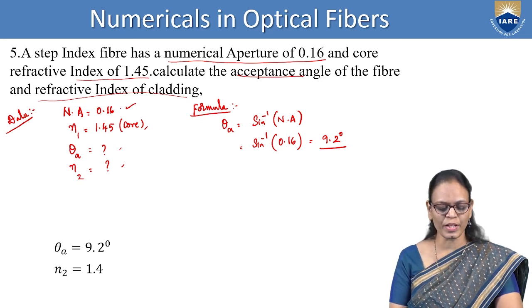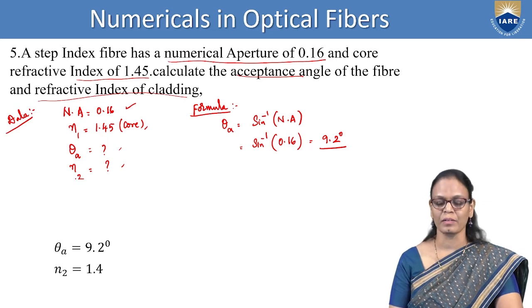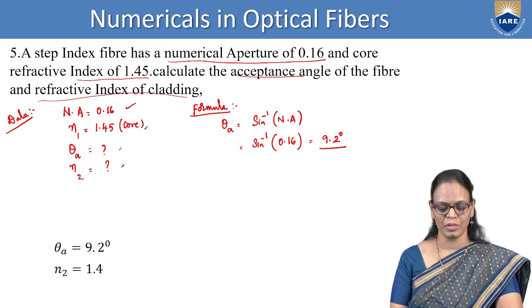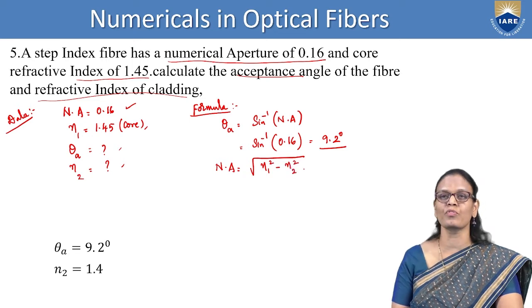And then the next one is we have to calculate the refractive index of the cladding. We know the numerical aperture and we also know the refractive index of the core. So we will use the formula NA is equal to under root N1 square minus N2 square. This is a known formula.